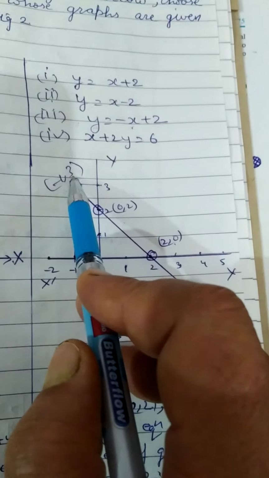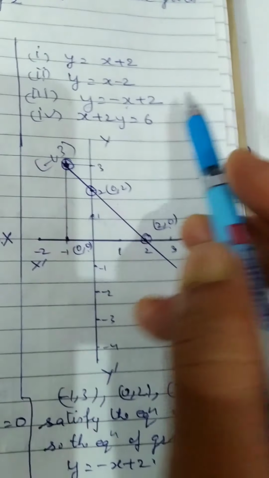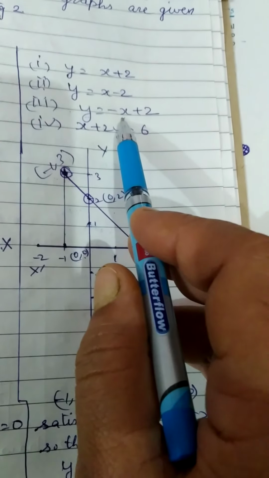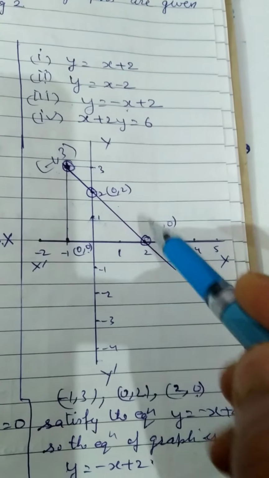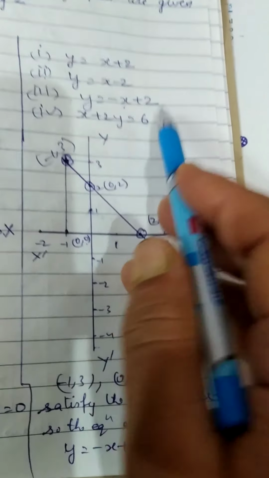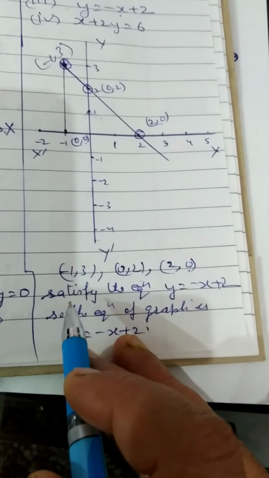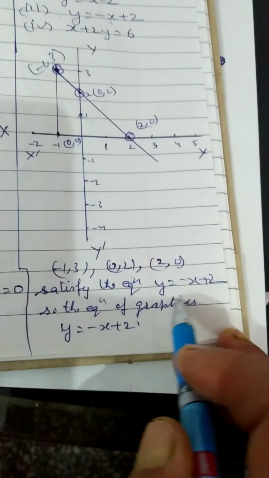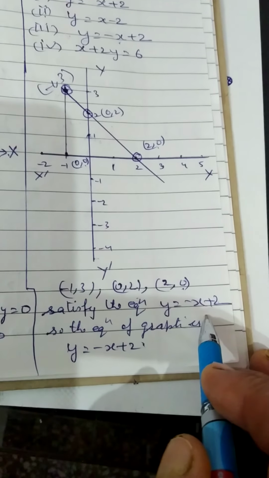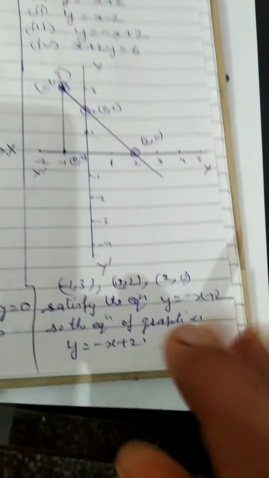It means that (-1, 3) is satisfying this equation. Again, (0, 2) is satisfying this equation. Again, (2, 0) is also satisfying this equation. Therefore, (-1, 3), (0, 2) and (2, 0) satisfy the given equation y is equal to -x plus 2. The graph is for the equation y is equal to -x plus 2.